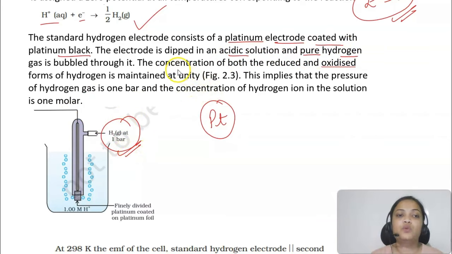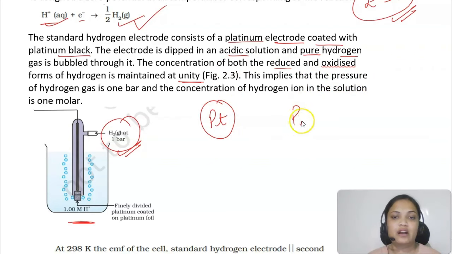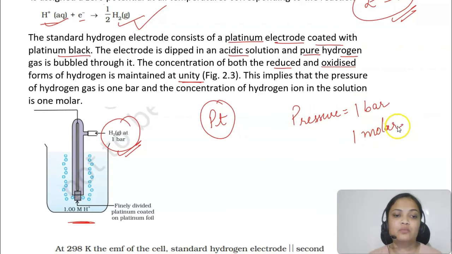Here the concentration of both the reduced form and the oxidized form of hydrogen is maintained at unity, because we are calculating the standard electrode potential. So the pressure of the hydrogen gas in this case is 1 bar and the concentration is 1 molar.